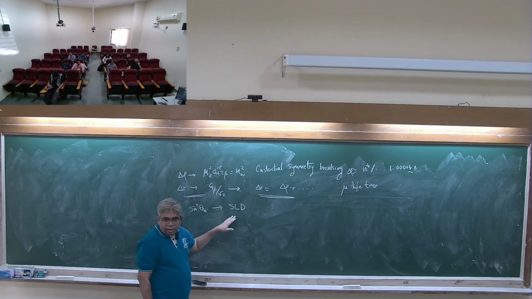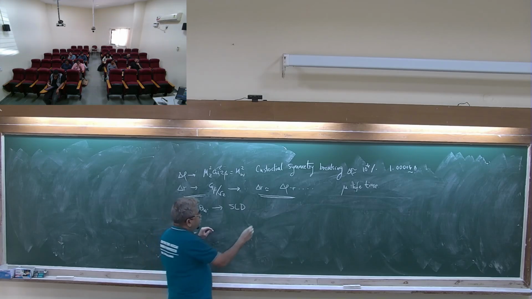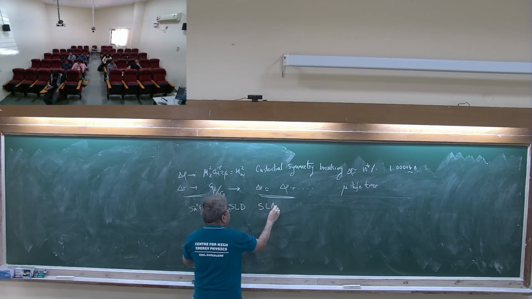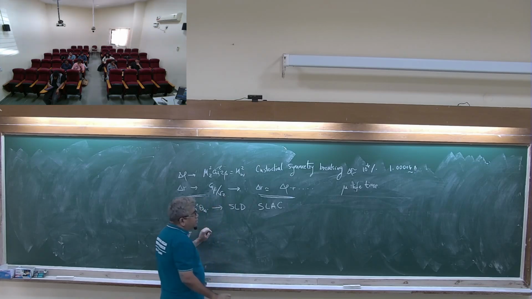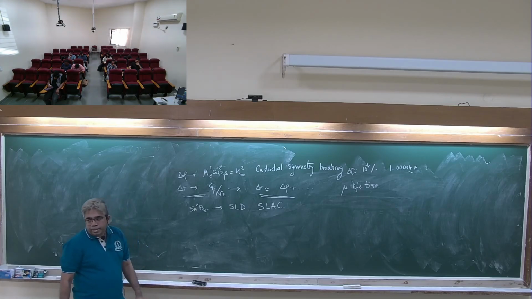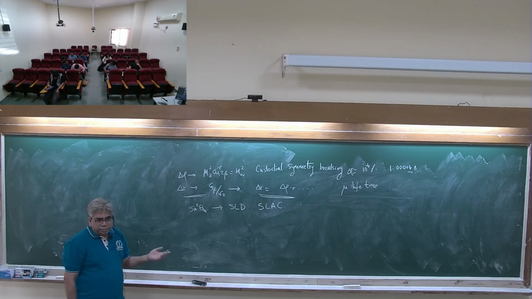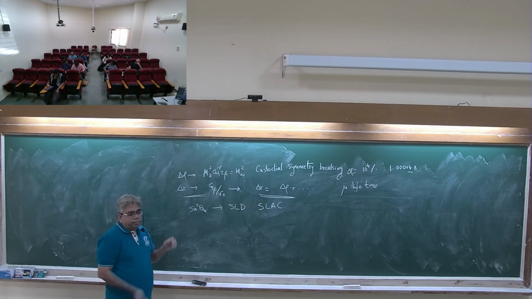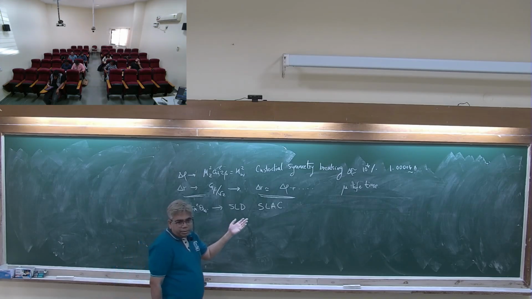This was at SLAC. They had much lesser sensitivity compared to LEP, because they don't produce millions of Z's like LEP produces. At the Z pole they produce about 10,000 or 20,000 in the lifetime.